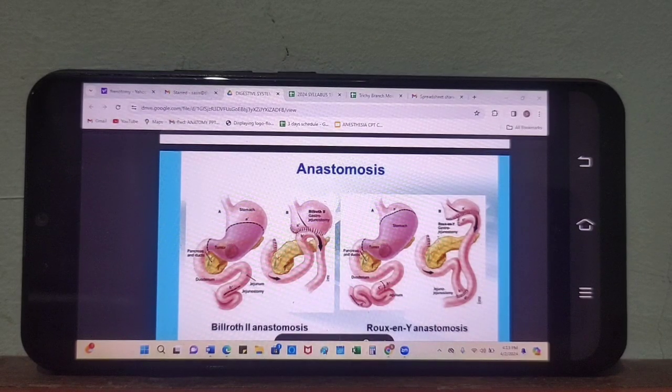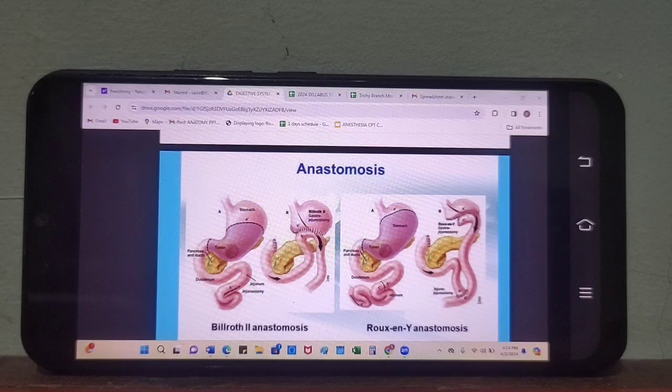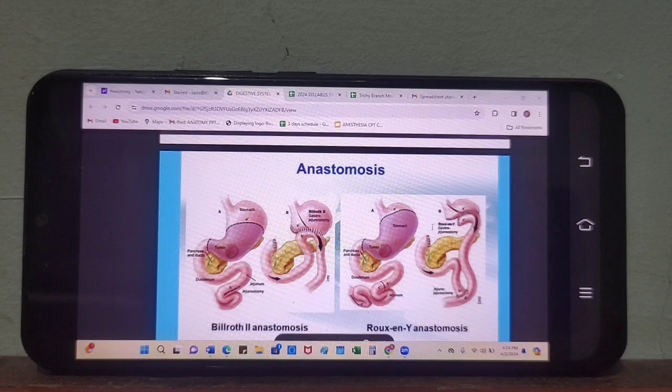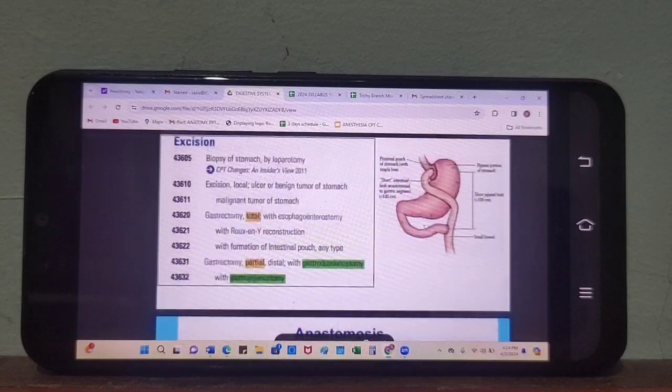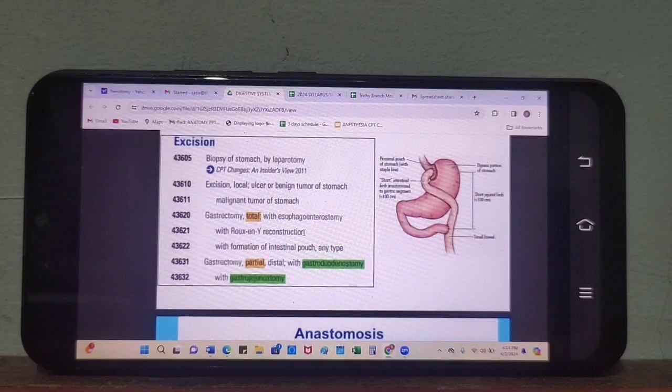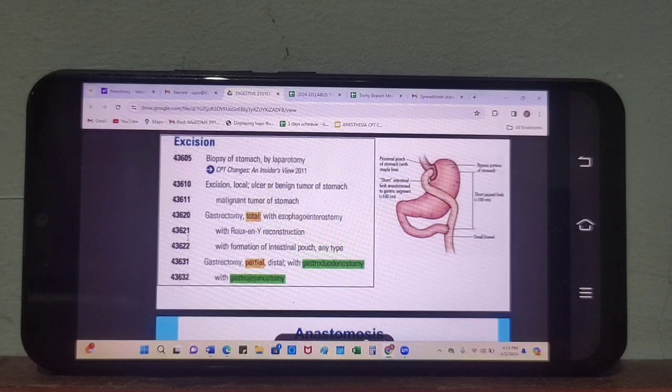In total gastrectomy, it is also called Roux-en-Y anastomosis. The stomach is totally removed and the rest of the part is connected with the jejunum. For gastrectomy with Roux-en-Y anastomosis, go for 43621.